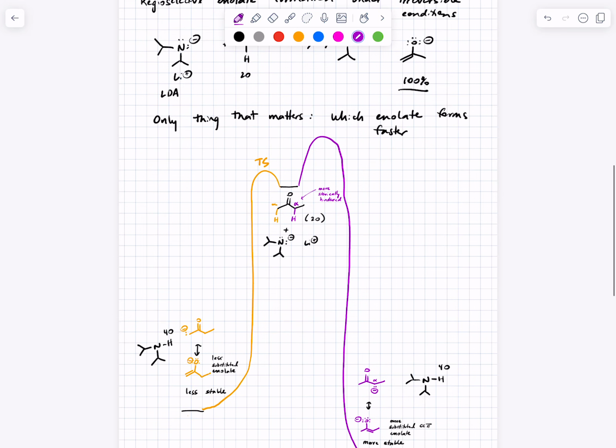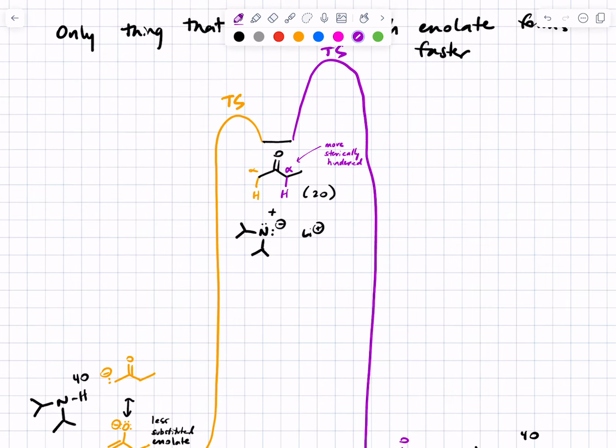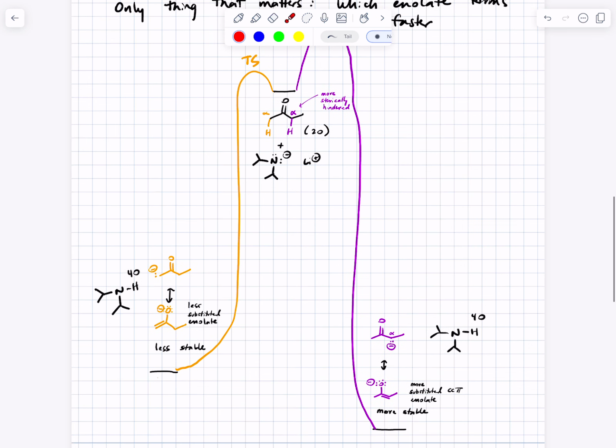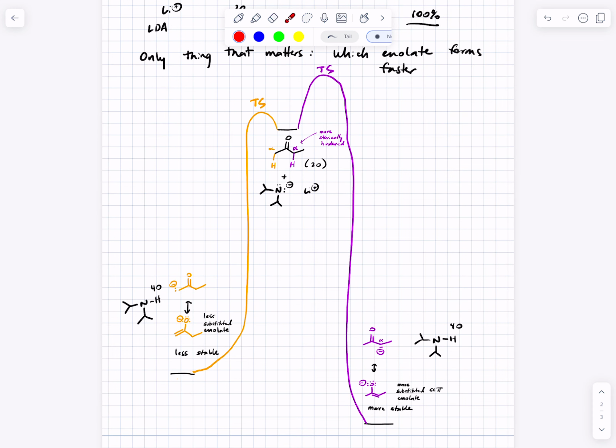That line is not lovely, but whatever. Okay, so the transition state for removing the purple alpha proton is much higher in energy than the transition state for removing the orange alpha proton. It does not matter that the orange enolate is less stable than the purple enolate, because once we form the orange enolate, it's so tremendously downhill, there's no going back.